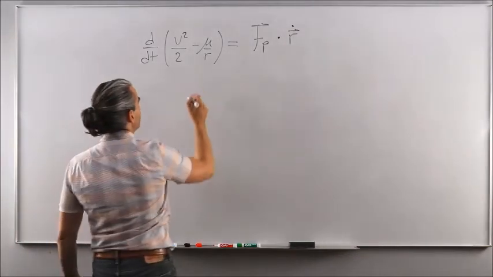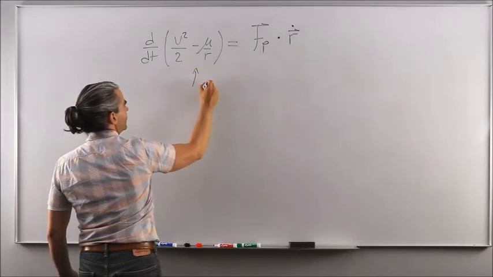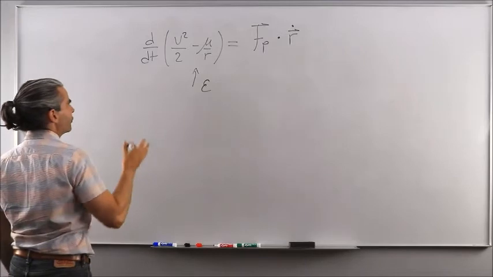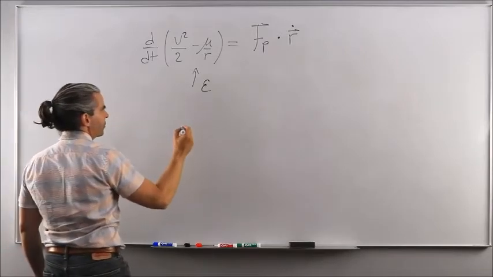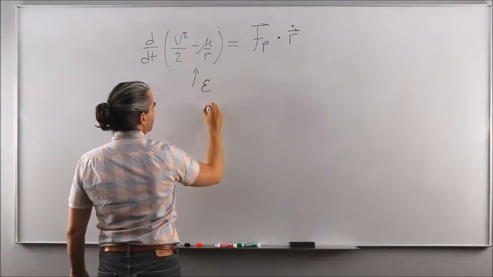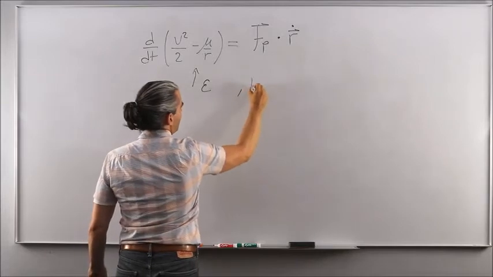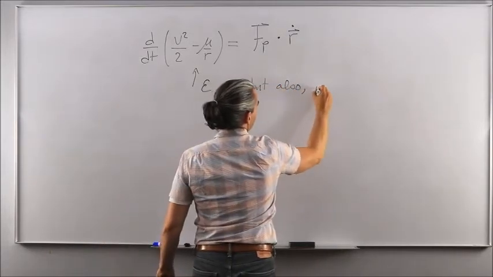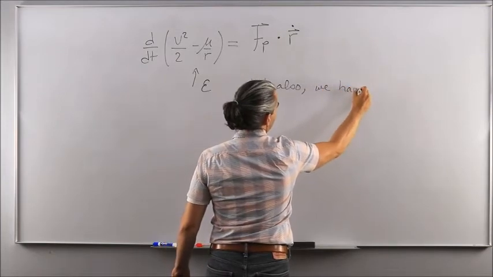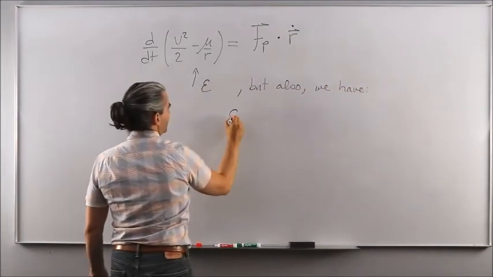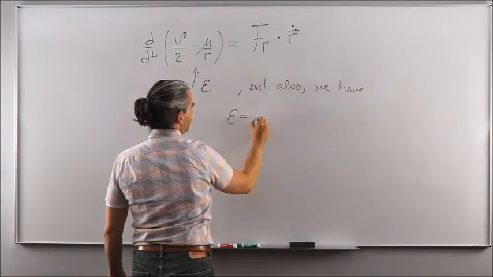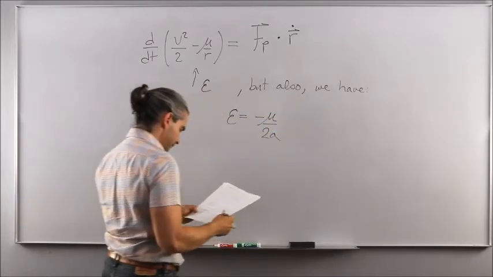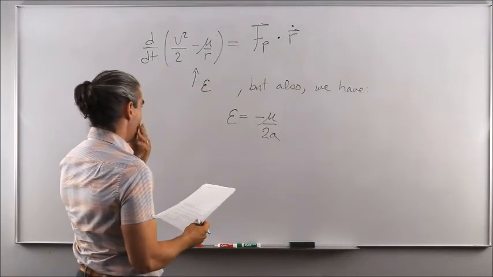Yeah, so again, this is our orbital energy, or specific orbital energy, for which we also had another expression. I'm going to write, but also, we have specific orbital energy equal to minus mu over 2a from before.